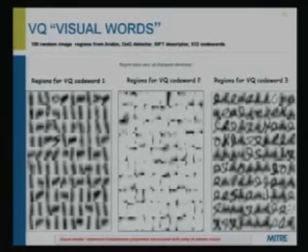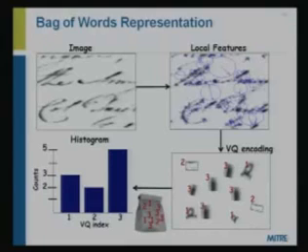If I remember correctly, we had explored up to about 250, but we tend to use about 250 code words. What happens is, by taking these images and mapping them back to this bag of words, the data structure from a statistical point of view starts to look very similar to what you see in natural language processing.